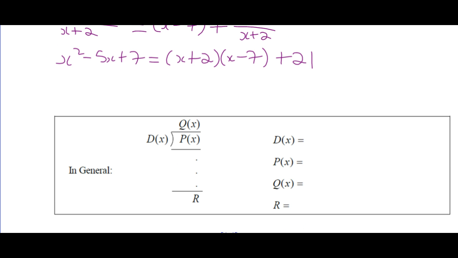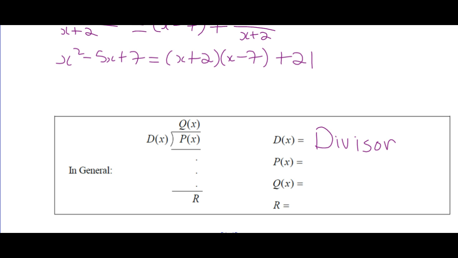So in general, what do we call this thing here? That which is dividing into something is called the, it's just a name, right? Divisor. The divisor is dividing into something that has a p, which could only be the word which describes this unit very well, polynomials, right?